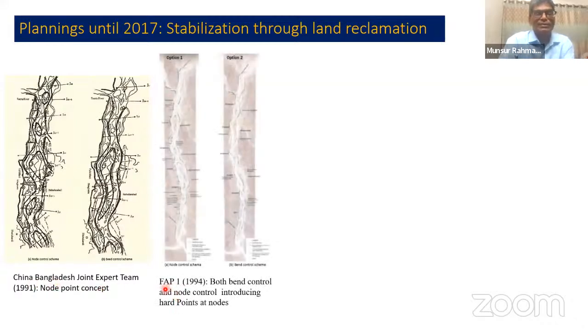And after the flood in 1987-88, through the flood action plan programs, relatively similar but more robust options for the control of node and bend were introduced. And to implement these, some infrastructures were constructed along the Jamuna, especially along the right bank, of which some were successful, some were damaged, etc. But it is the point to mention that we could not continue this even.